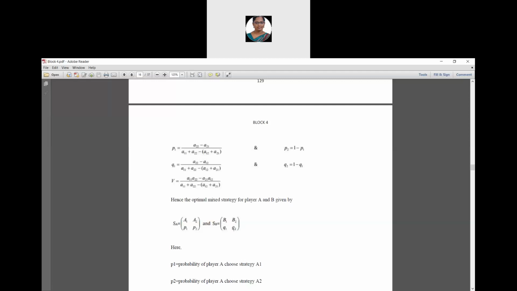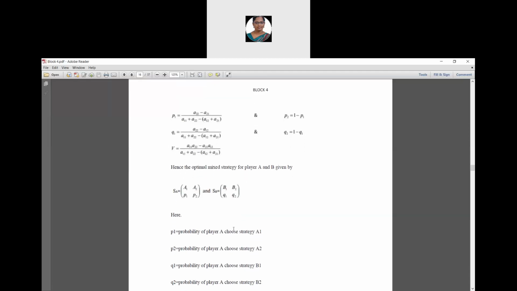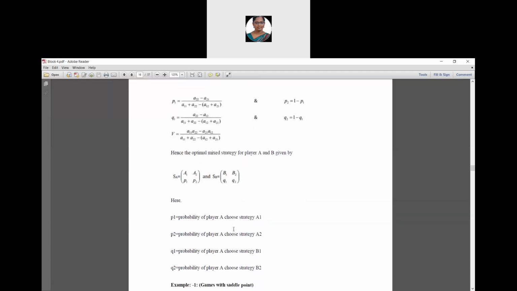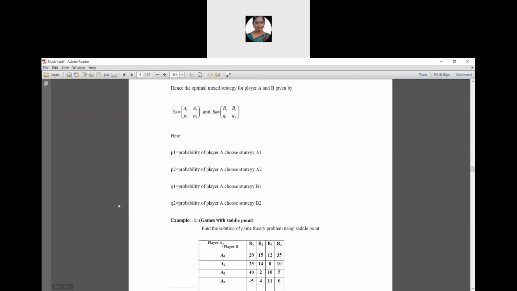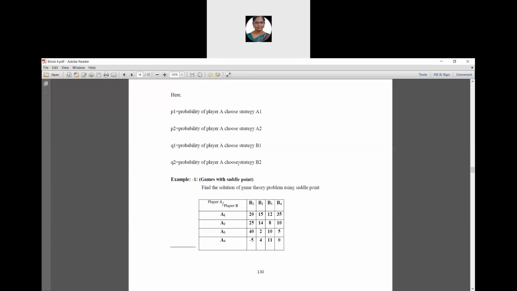Here P1 is the probability of player A choosing strategy A1, and P2 is the probability of player A choosing strategy A2. Whereas Q1 is the probability of player B choosing strategy B1, and Q2 is the probability of player B choosing strategy B2.